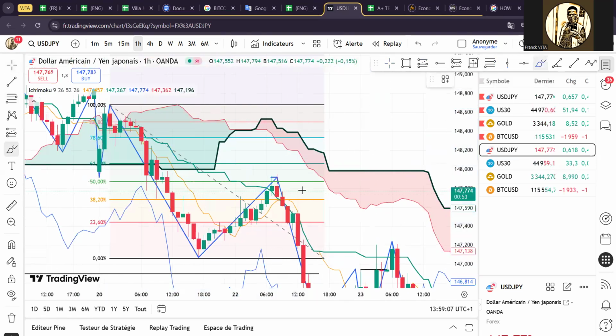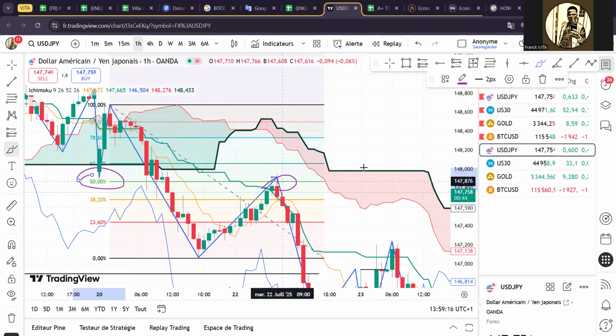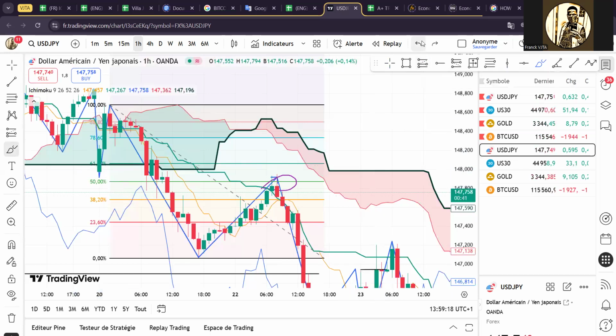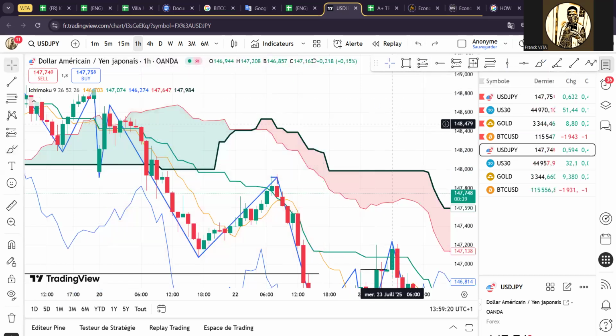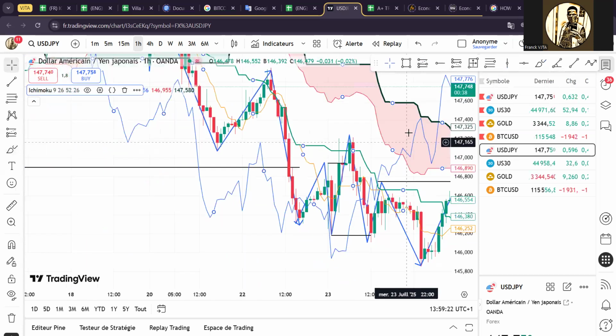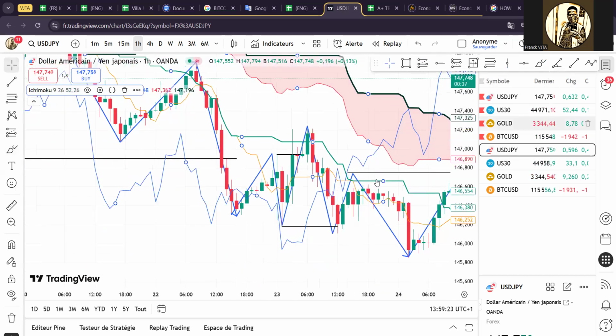When Kijun got touched by candles, it's a 50% retracement of Fibonacci also. It's 50%, just right there. Kijun. It is not always 50%. Sometimes it will not be 50%. But I mean, in general. For example, this part here is not 50%.